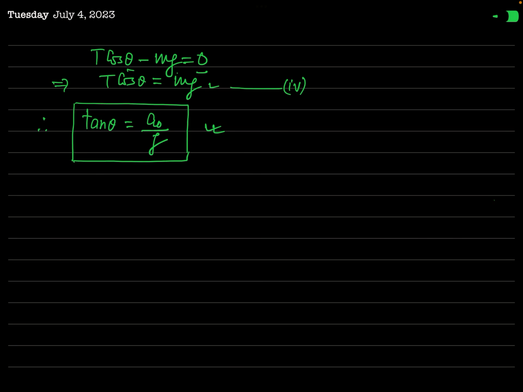So you can see this is just another method to solve the problem. The concept of pseudo force is just another method. We can solve the same problem both in an inertial frame and in a non-inertial frame, but there are some problems whose solution is very difficult in an inertial frame.